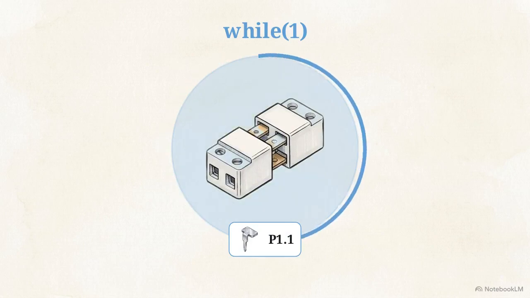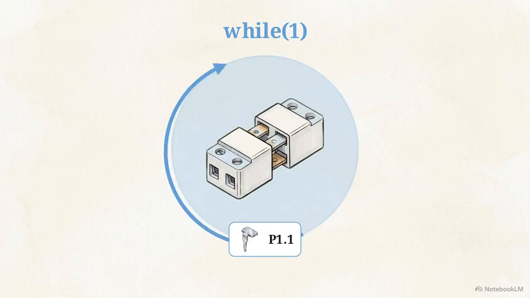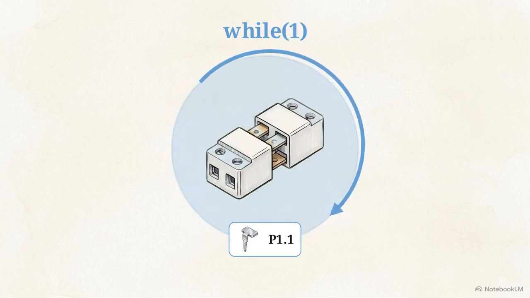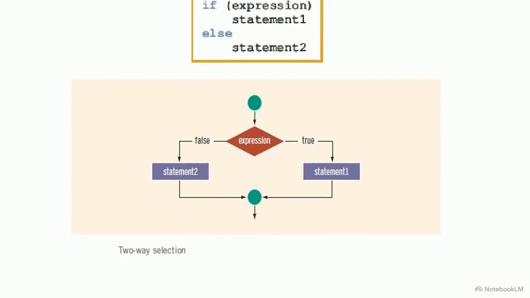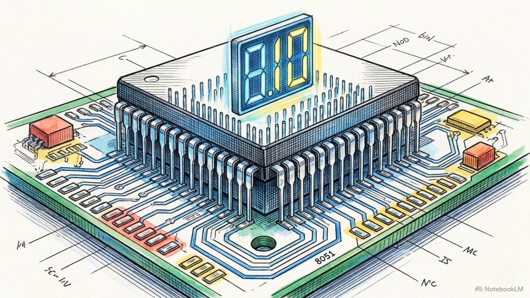Inside this infinite loop, the system repeatedly checks the physical voltage state of the door sensor. We use an if selection structure to read that voltage state. If the door opens, the voltage changes, the condition becomes true, and the logic flows into the trigger commands. In embedded systems, while and if statements operate as active, high-speed physical polling mechanisms monitoring the real world.